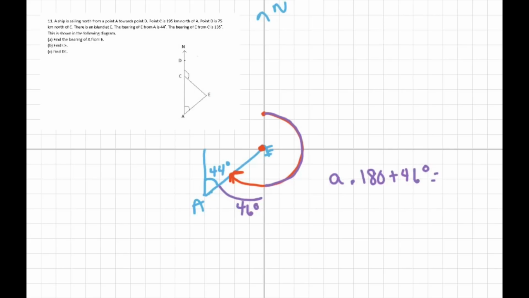And that's going to give you 226, I believe. Yeah, 226. And technically, you're supposed to write bearings like that, but we can just do that. So the answer to A, if you want to, you can write 0226.